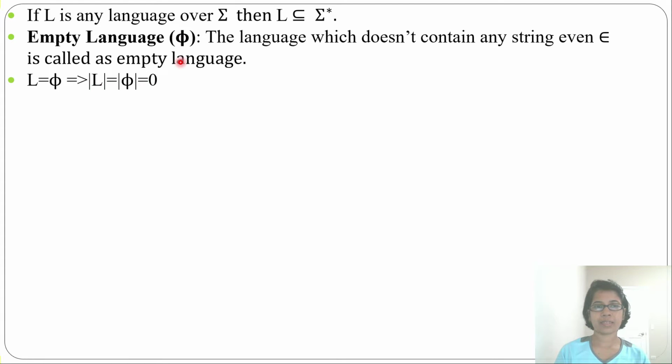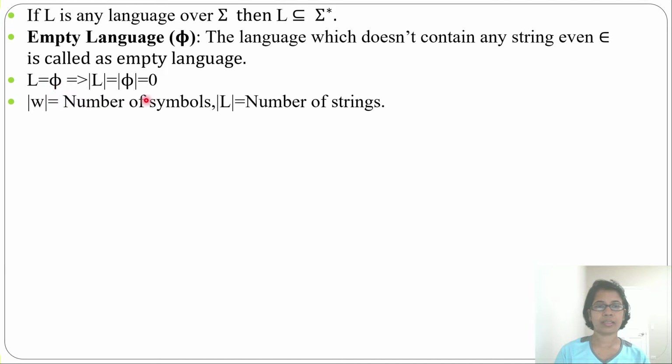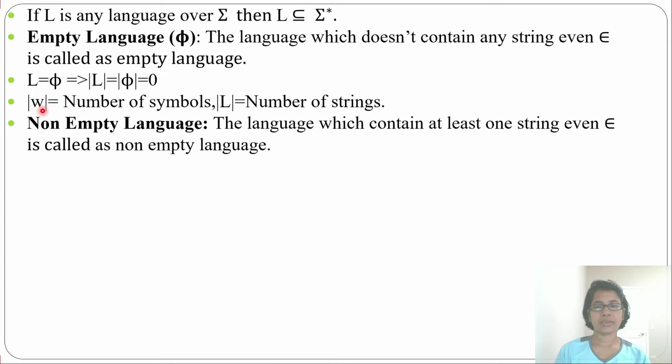If there is epsilon, then the size of L will be 1. The notation with two lines around W is the number of symbols, the length of a string, and with two lines around L is the number of strings, the size of the language.